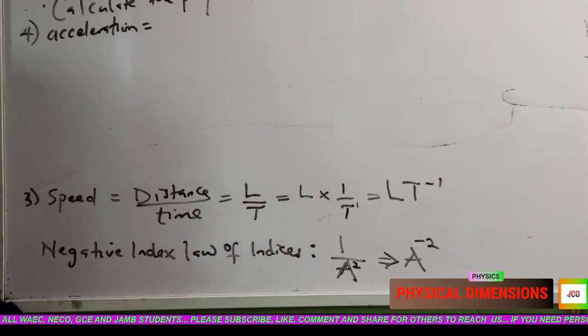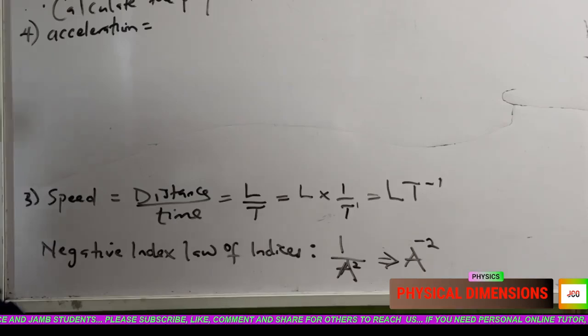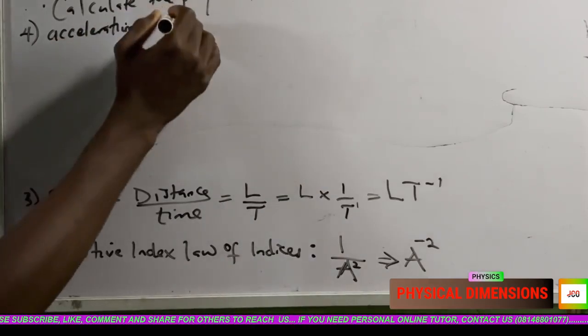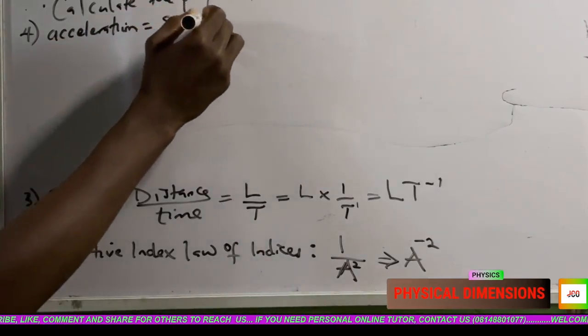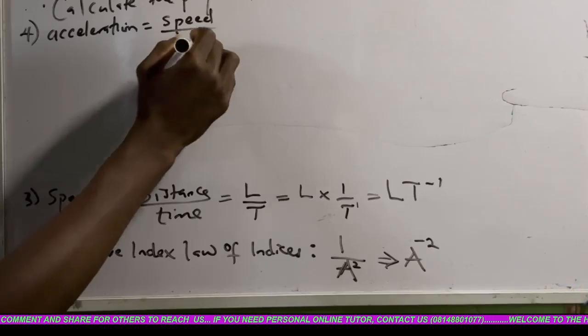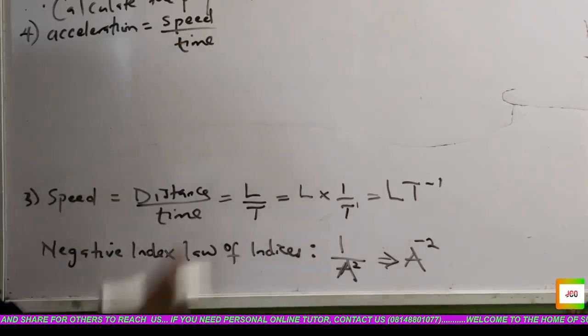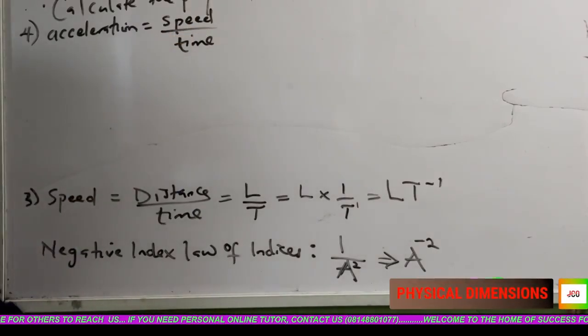Acceleration is velocity over time, or speed over time. So speed over time is acceleration, or velocity over time. They actually mean the same.